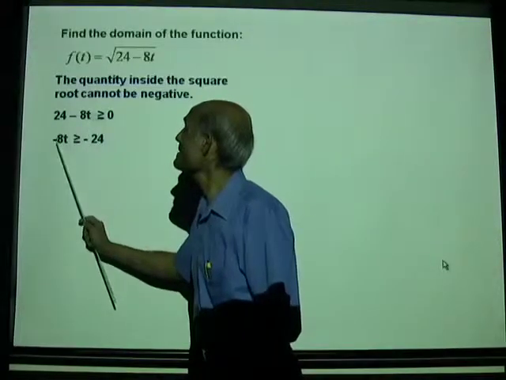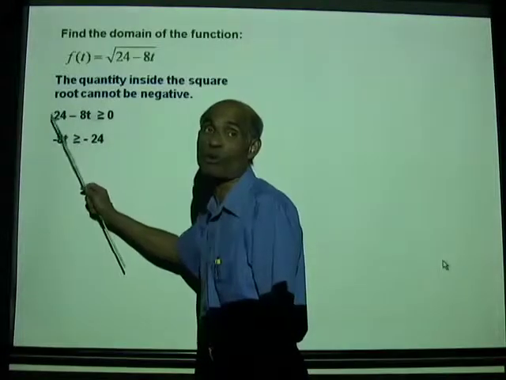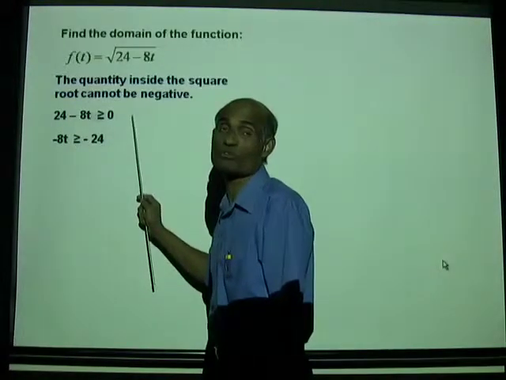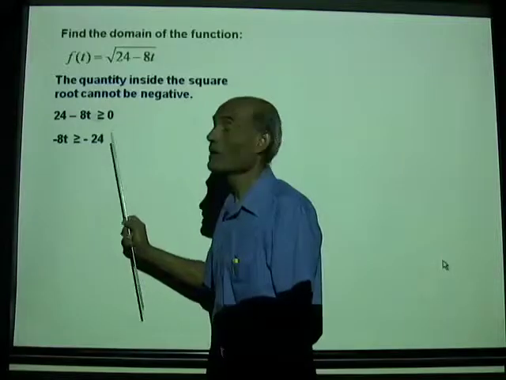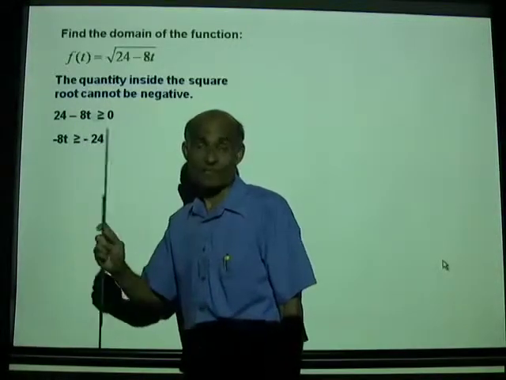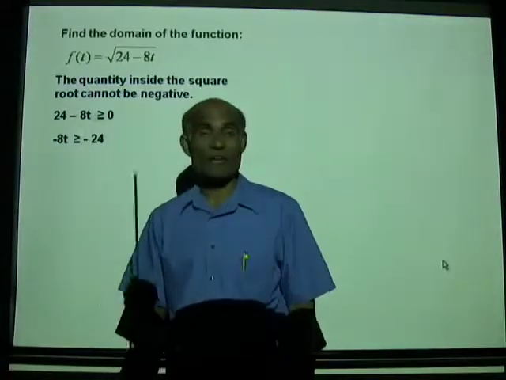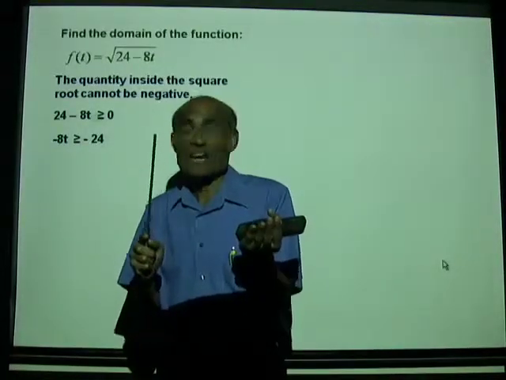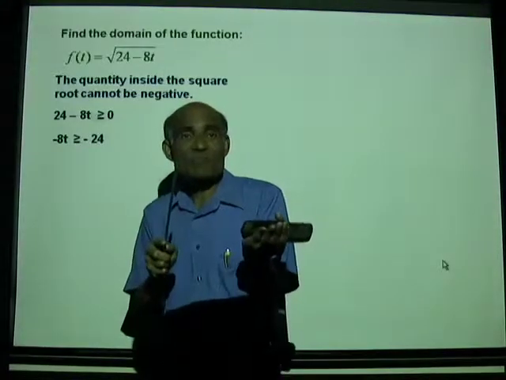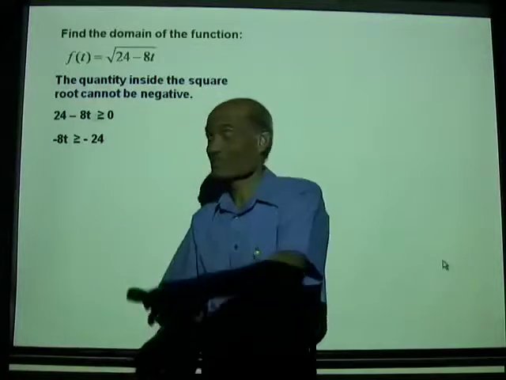That will be negative 8t is greater than or equal to negative 24. Move that positive 24 to the right, it becomes negative 24. And now divide both sides by negative 8. I hope you remember your special rule there. When you divide an inequality by a negative number, the sign of the inequality must reverse.